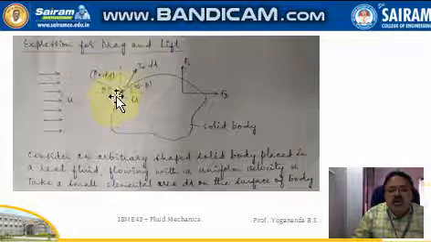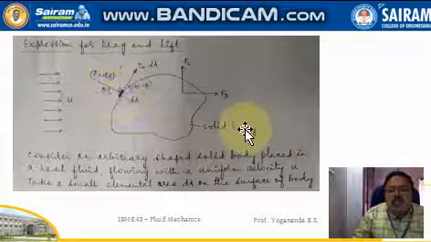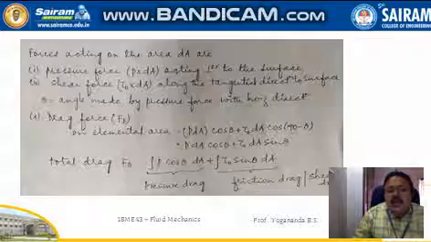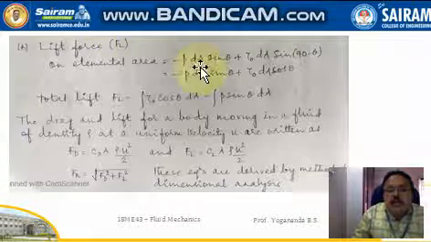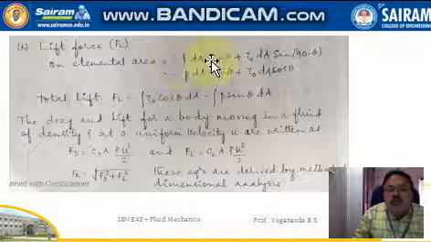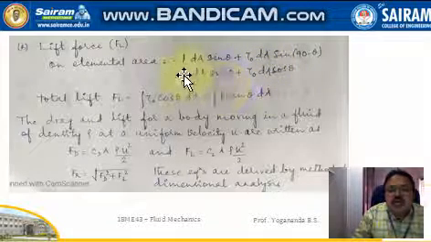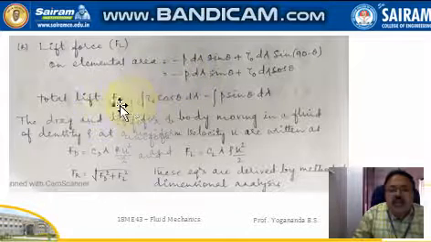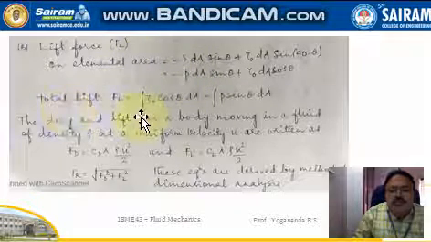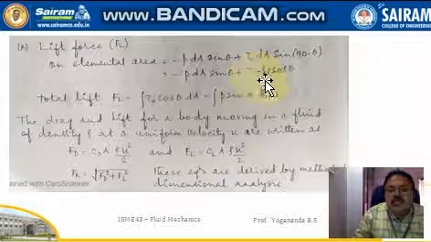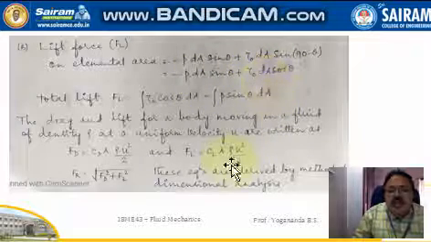For the shear force, the vertical component is going upwards, so it carries a plus sign. Pressure force minus sign, shear force plus sign. This is for a single elementary area. For the total lift FL, it is the integration of these two quantities.